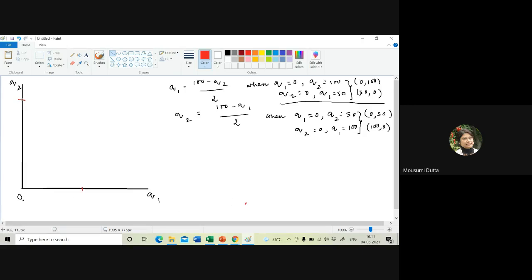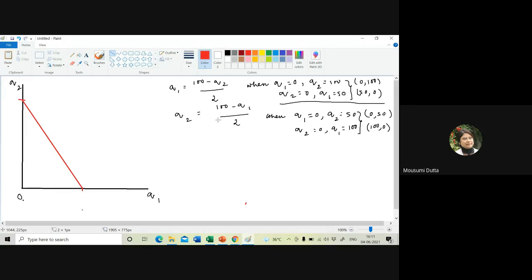We can join these 2 points. Joining these 2 points, I'm getting the reaction curve of firm 1. This line is nothing but Q1 equals (100 minus Q2) by 2. So this is the reaction curve of the first duopolist.